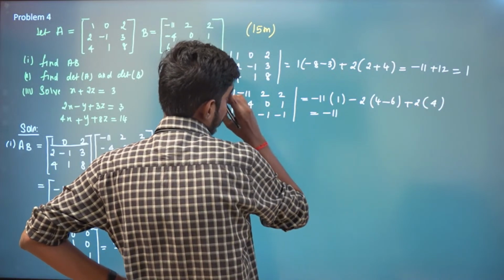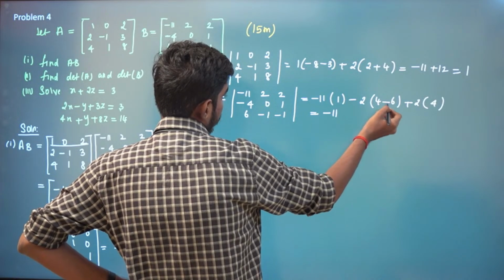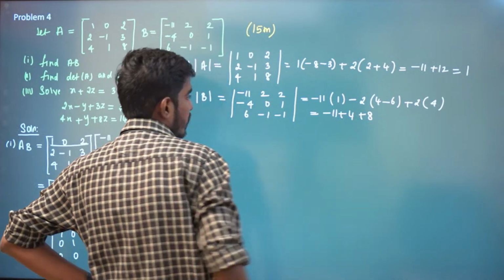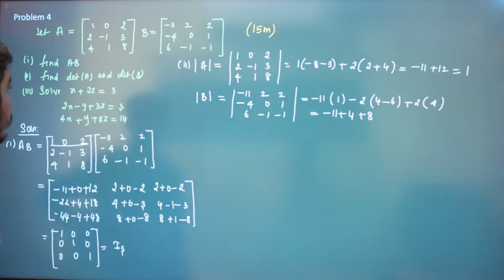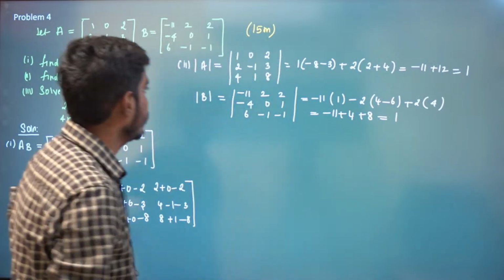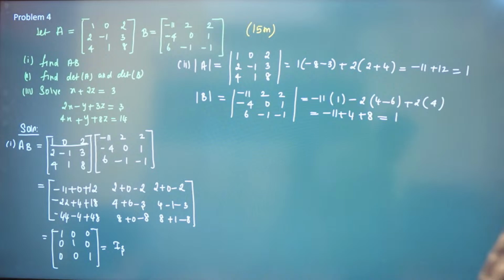We will have minus 11, 4 minus 6 is minus 2, minus 2 minus 2 is plus 4, and then we have 8. So again this is also equal to 1. So the determinant of A is 1, and the determinant of B is also 1.